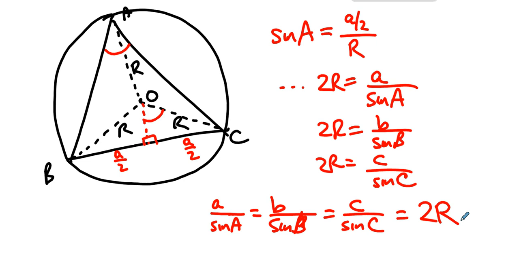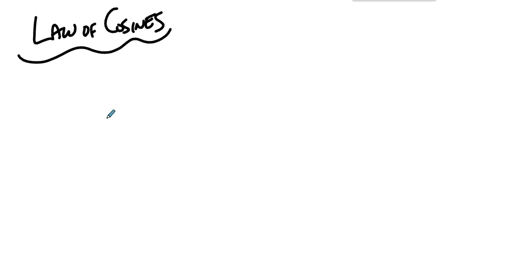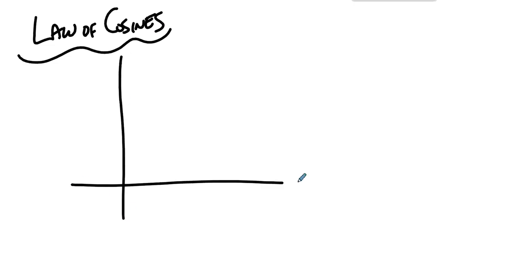Okay, one other thing. Let's establish the law of cosines. There are lots of ways to establish the law of cosines. Here's one of them. We'll coordinatize the grid, and we're going to place triangle ABC so that its longest side is sitting on the positive x-axis.